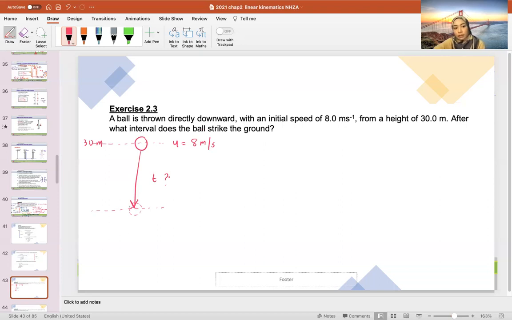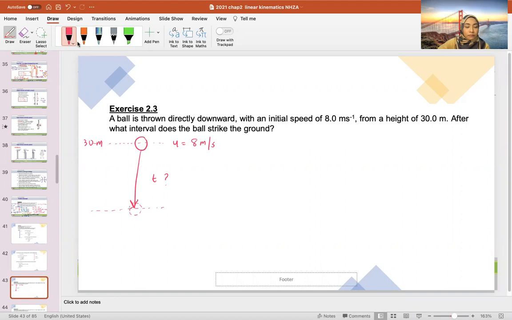Is my diagram correct or incorrect here? Correct. So all the values are correct as well. Negative 30. Yeah. What else?